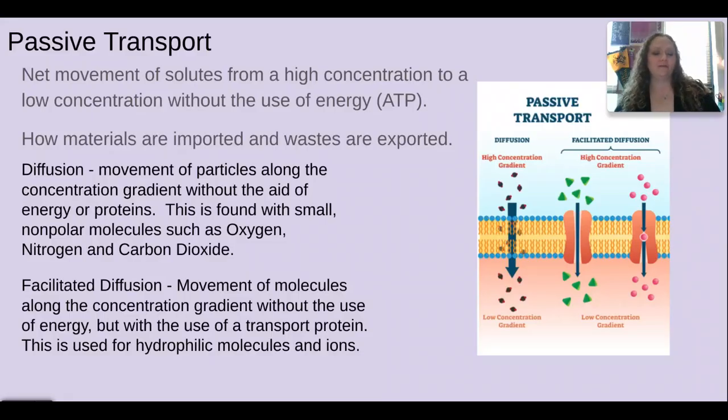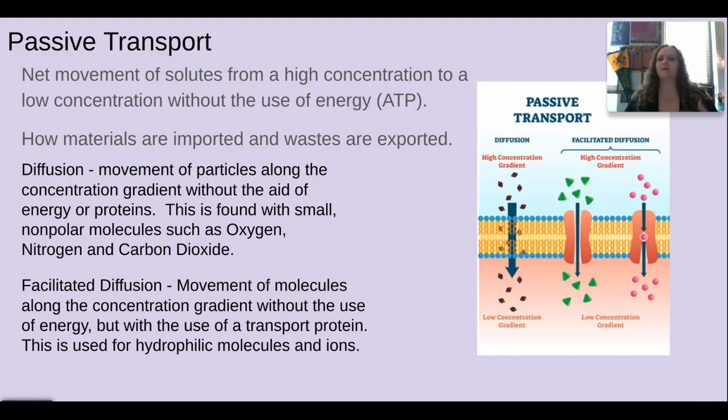So with movement across the semi-permeable membrane, we actually have a couple of types of transport that can occur. And so to begin, we're going to start by splitting it into two categories: passive and active transport. Passive transport is what happens when molecules or solutes move from a high concentration to a low concentration without the use of energy.